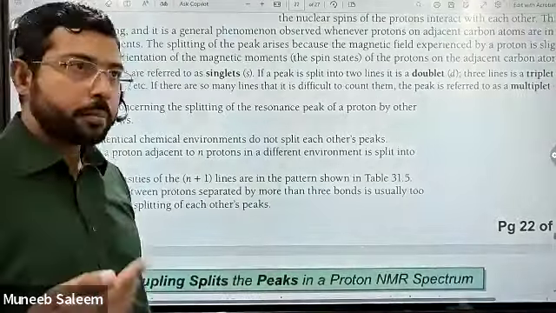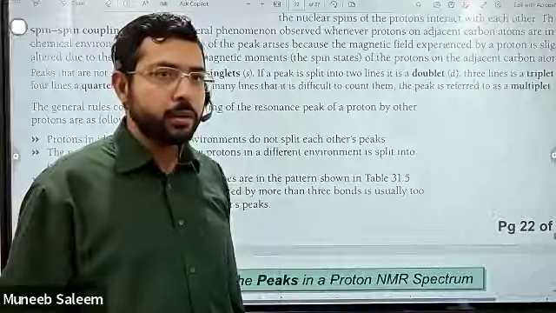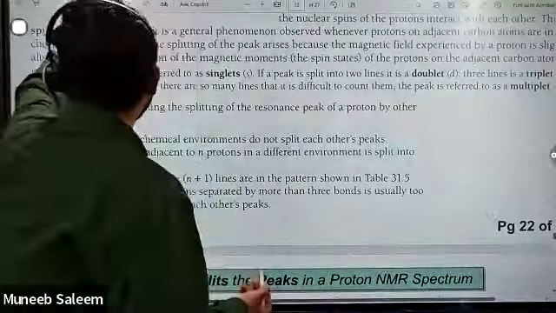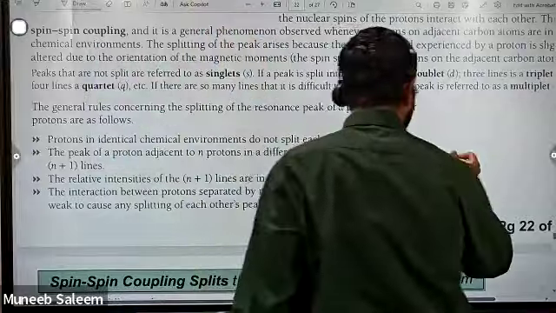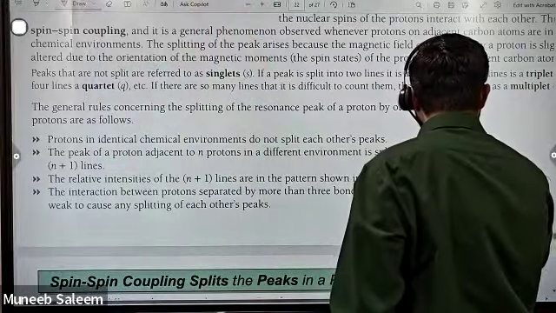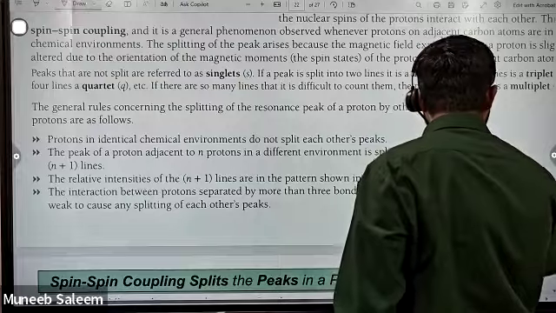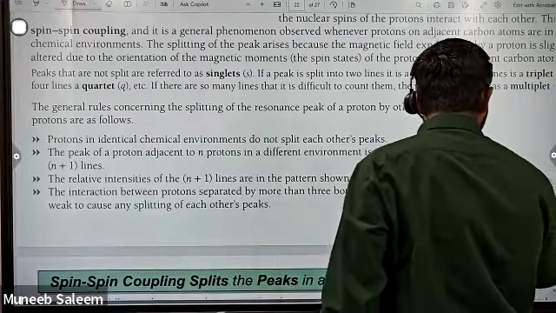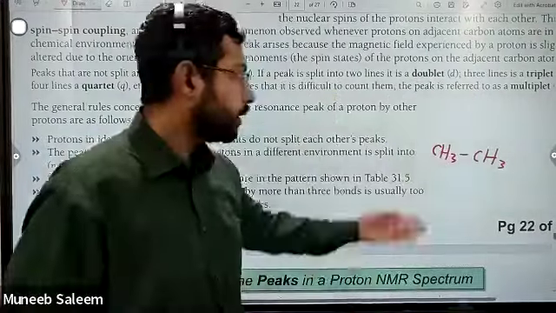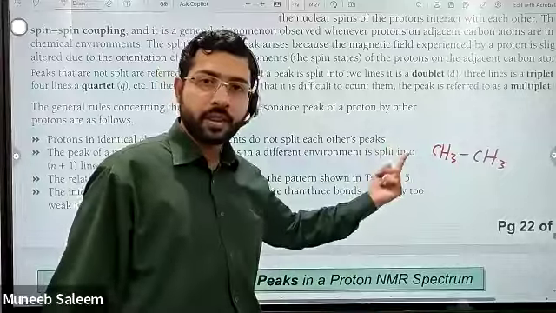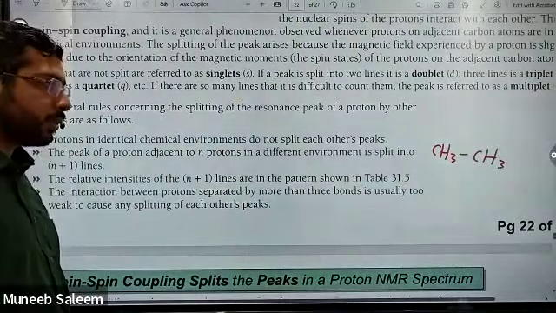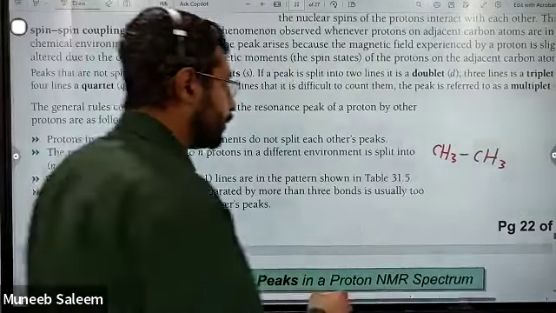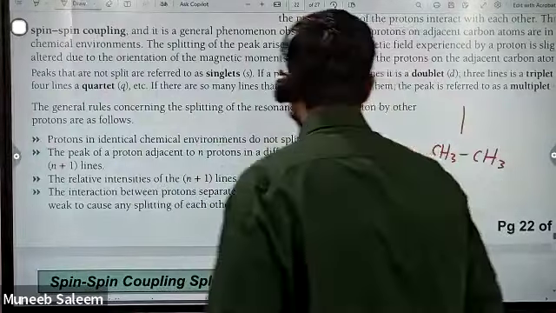So those which are present in the same environment will not be split. Let's suppose I take an example of CH3 bonded with CH3. They are the same, in the same chemical environment. They will produce one single peak. They cannot cause splitting of the peaks.